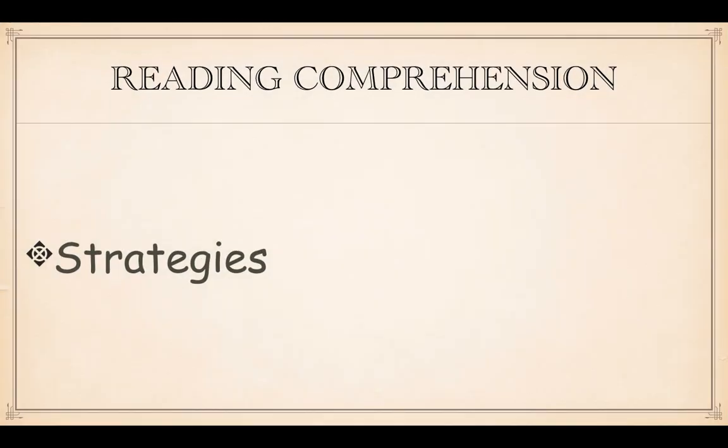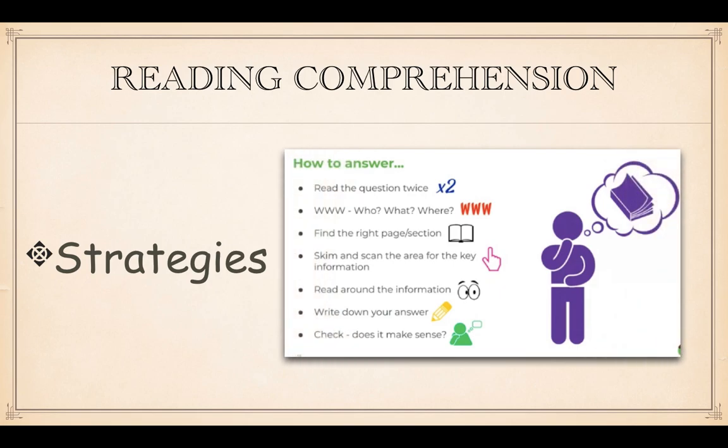Well, there you have it. Before we do the reading comprehension task, let's first have a look at reading comprehension strategies. Before you answer the questions, one good strategy is to read the questions twice, especially if you don't understand the question. And then you can use the 3W approach.